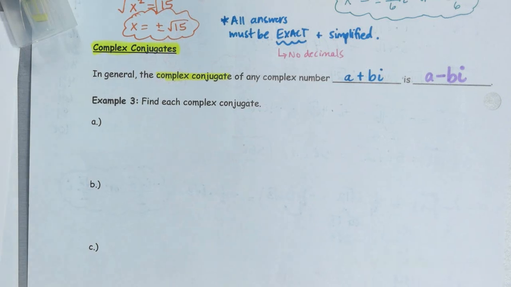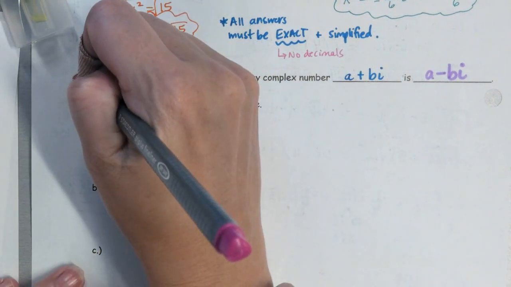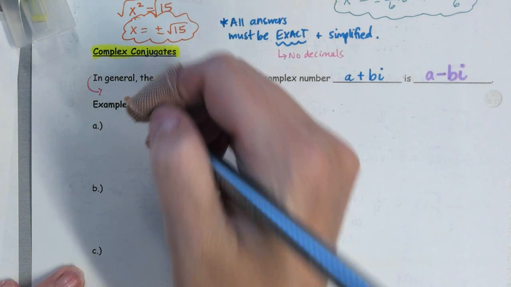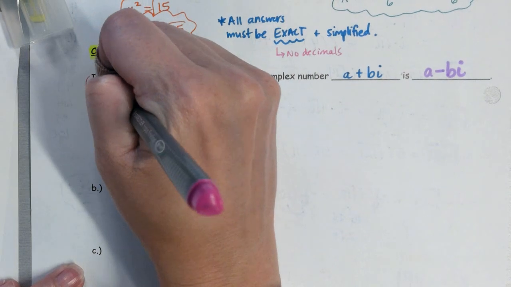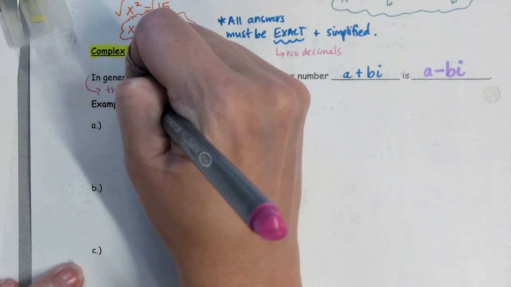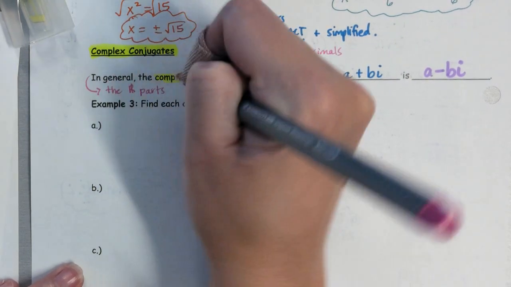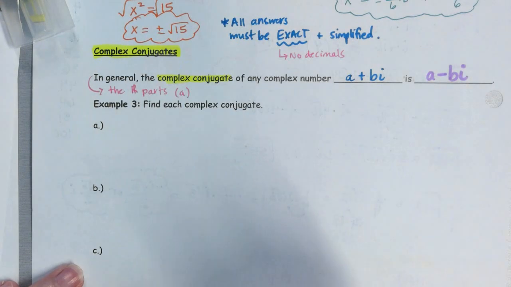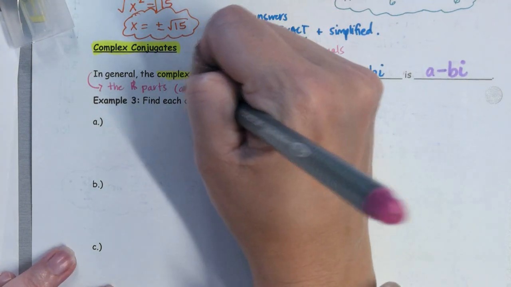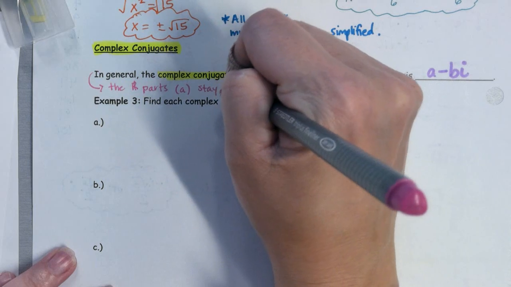So we're just going to put in words what that means. For this, it means the real part, in parentheses a, stays the same.